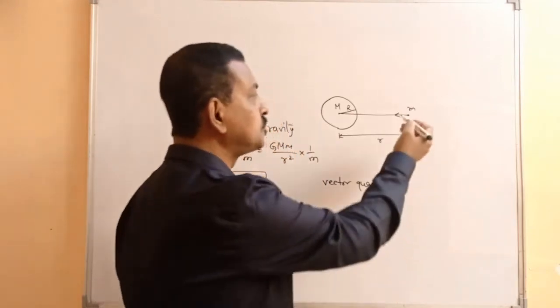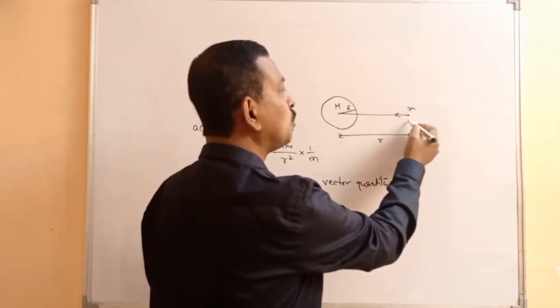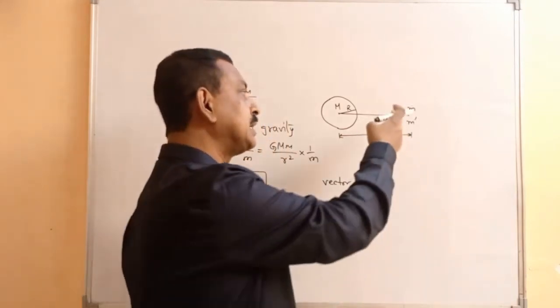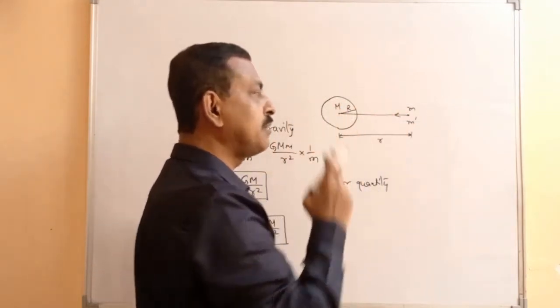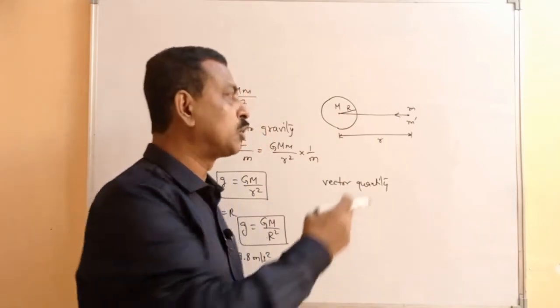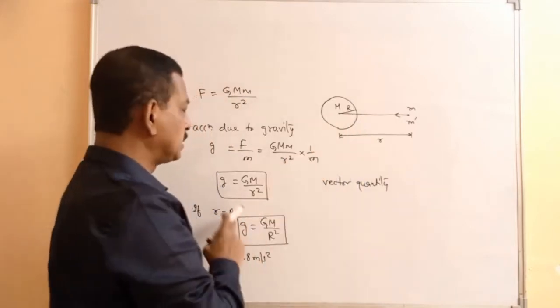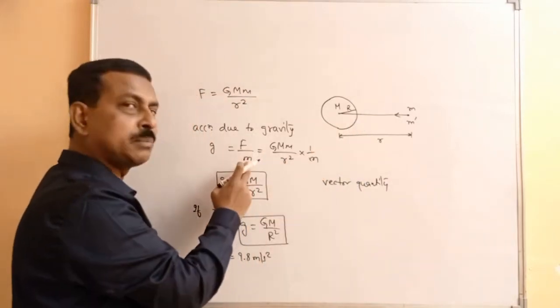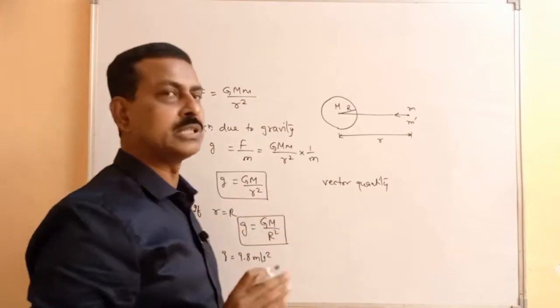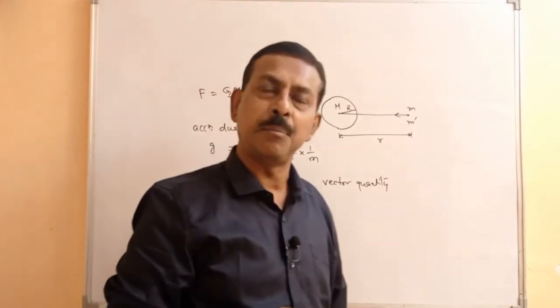Like here, instead of this m, if I'm using the mass m dash, in that case, this will also experience the same value of acceleration due to gravity, because it is not depending upon the mass. As you are taking force per unit mass, that mass term gets cancelled, and this acceleration due to gravity then becomes independent of mass.